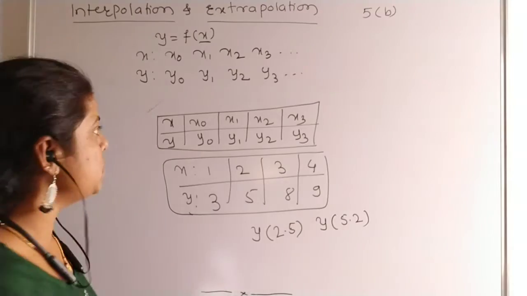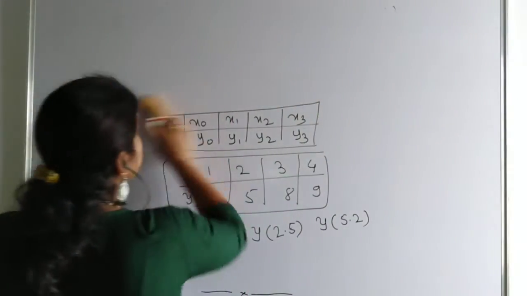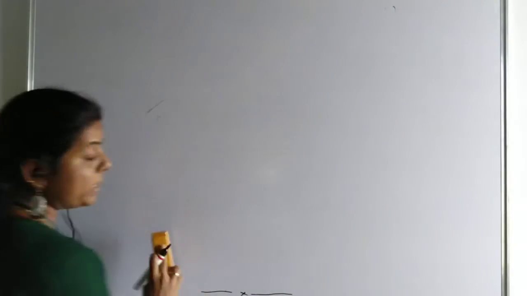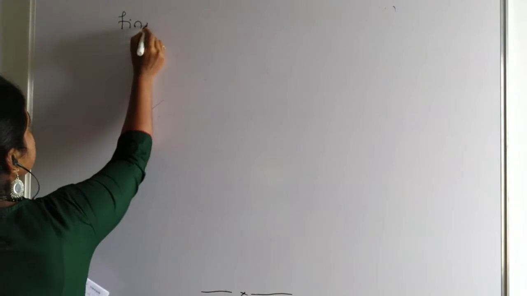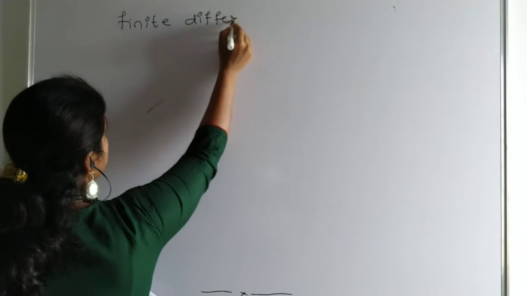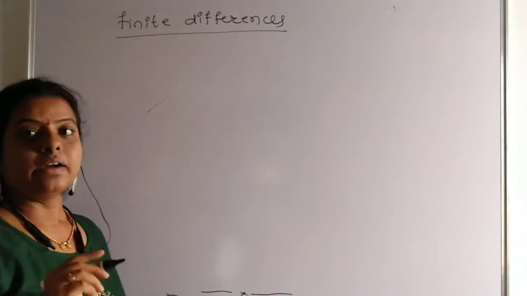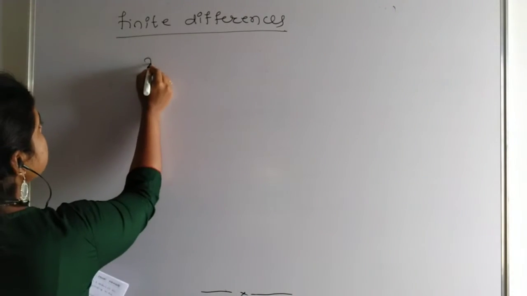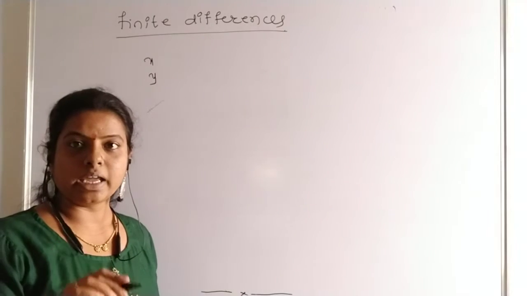By using this definition, we have to see our next topic, finite differences. In finite differences, we have two formulas. Finite differences means they will give x and y terms, and by using this we have to create one table.